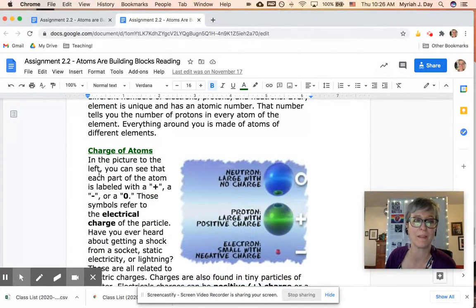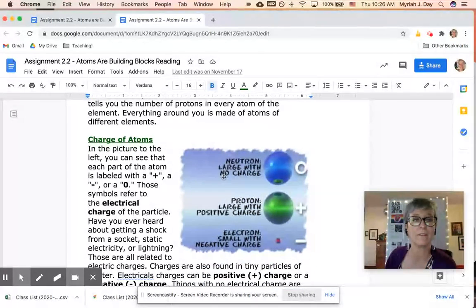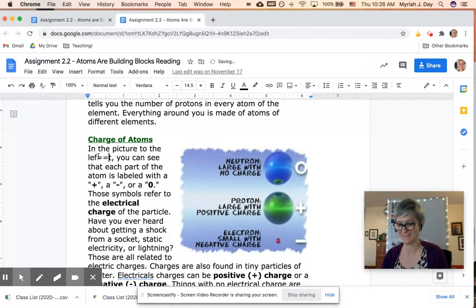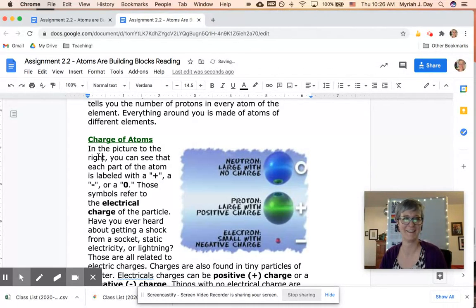Charges of atoms. In the picture on the right, you can see that each part of the atom is labeled with a plus, a minus, or a 0. Those symbols refer to the electrical charge of the particle.